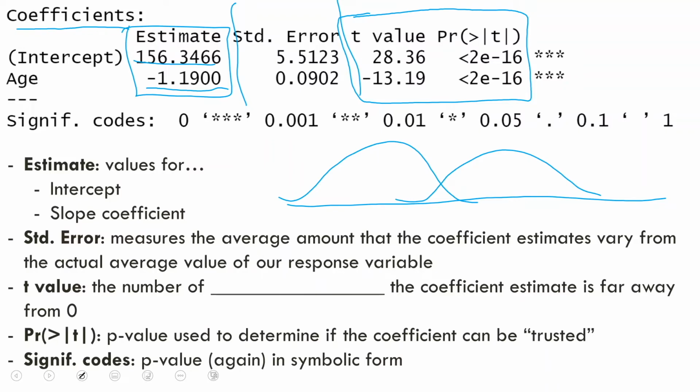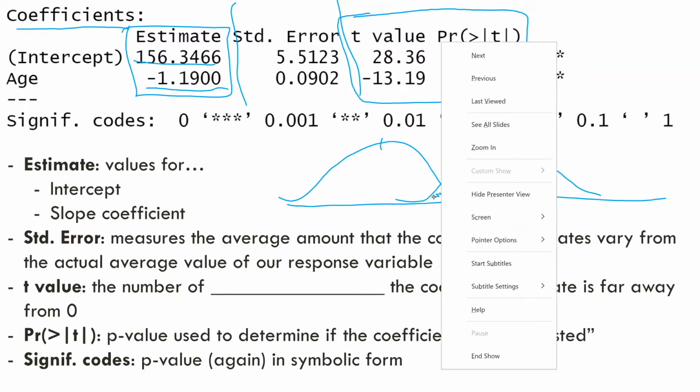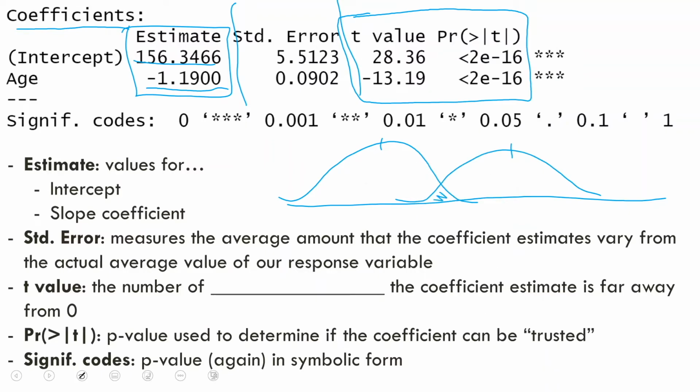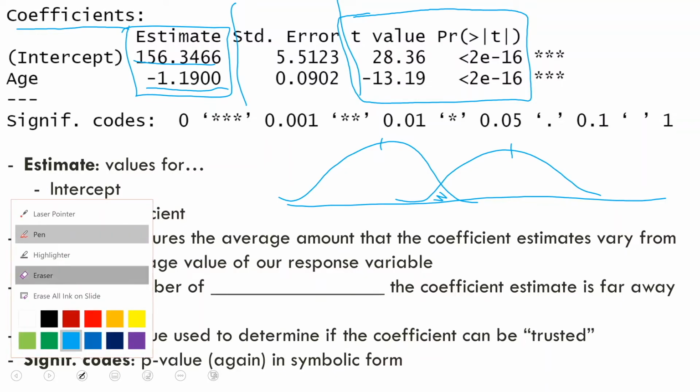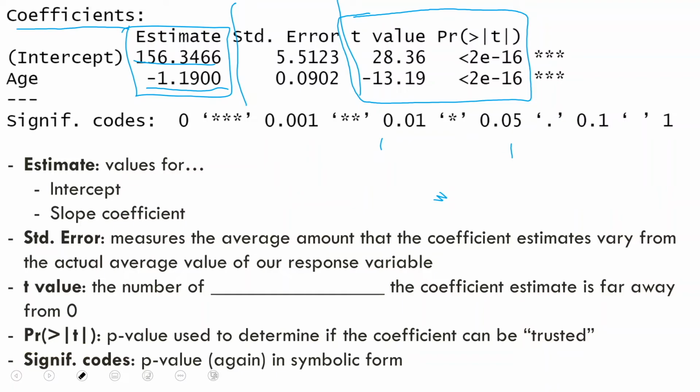We know that as these peaks go further apart, this p-value, this area underneath, becomes smaller. That's essentially what it's doing here too. We're looking at the distribution of the coefficients rather than the distribution of two samples. Again, the math, don't worry about it.